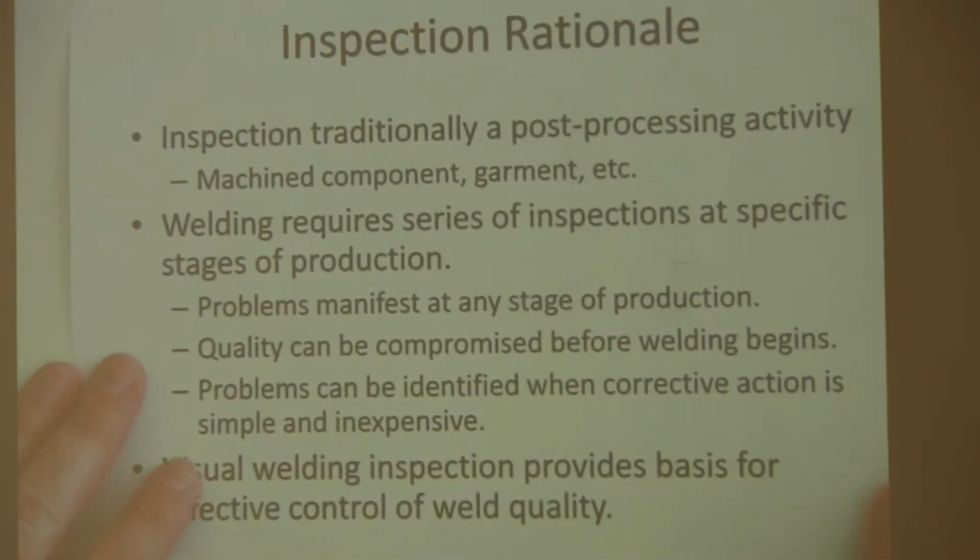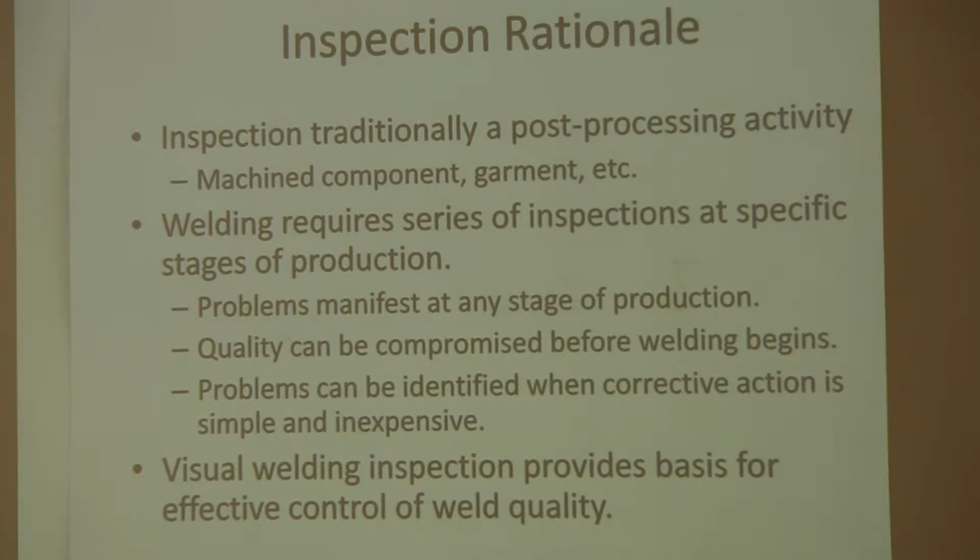So inspection is traditionally something that was done post-processing, but that doesn't work with welding so much because problems during welding can manifest themselves at any stage. The quality can be compromised even before the welding begins if the joints are not made properly, if they're not fit up properly.